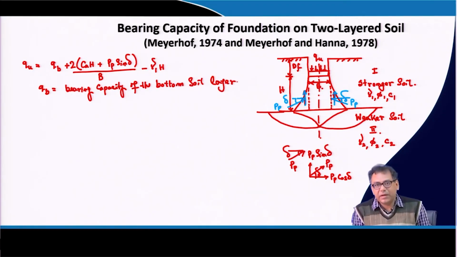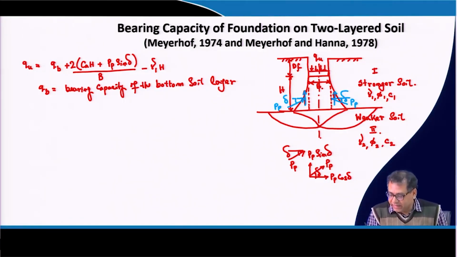Okay. So, that means from where this foundation is getting resistance, as I mentioned, the failure will be in the weaker soil. So, this weaker soil will give you the resistance, and this weaker soil Qb I will get by using the normal bearing capacity equation.